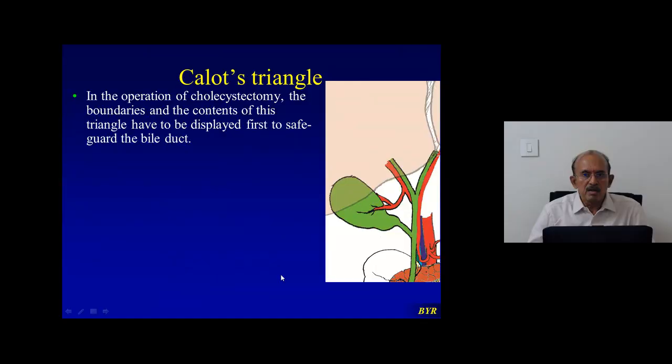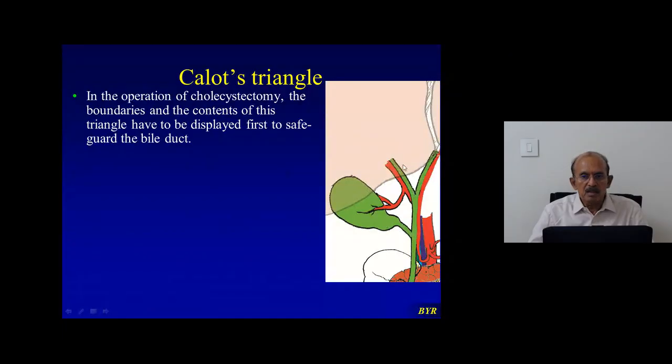In the operation of cholecystectomy, the boundaries and contents of this triangle have to be displayed first to safeguard the bile duct. In the surgery of cholecystectomy, the first thing you do is display the boundaries. What are the boundaries? Cystic duct and gallbladder on one side, undersurface of the liver on one side, and hepatic duct on one side.